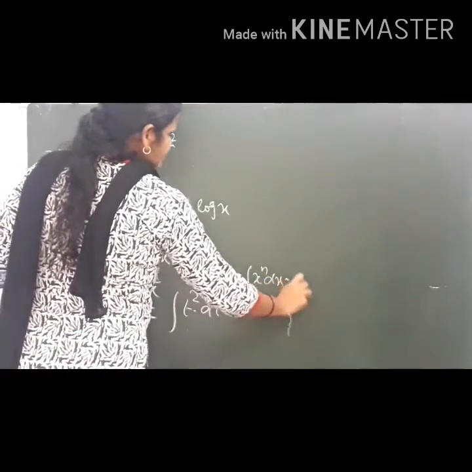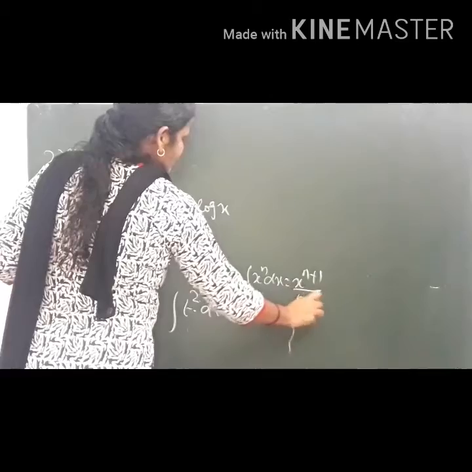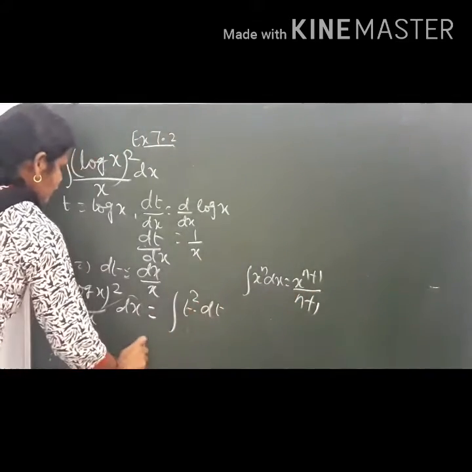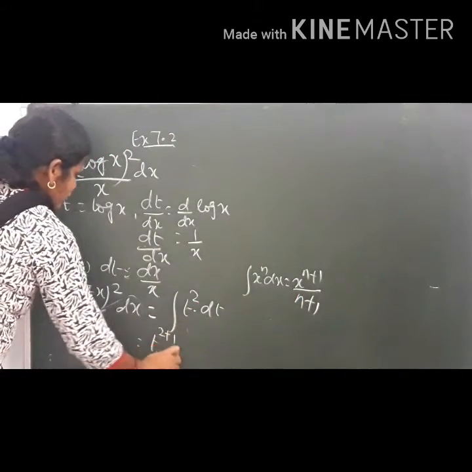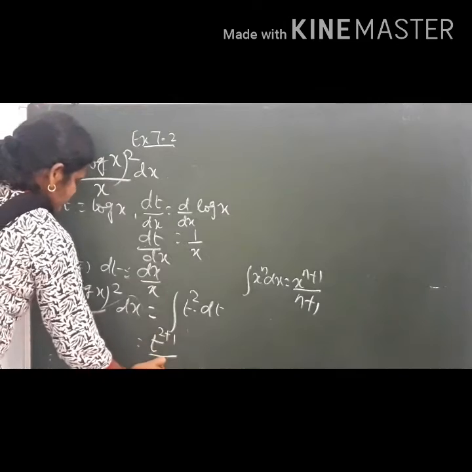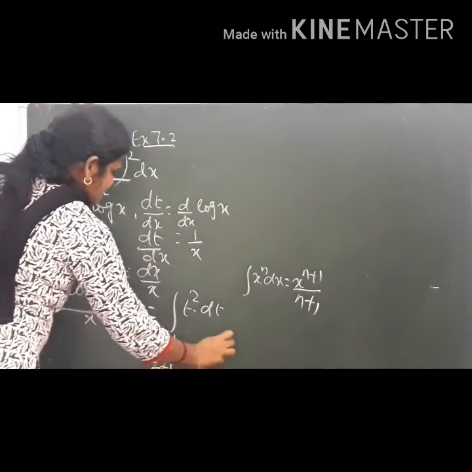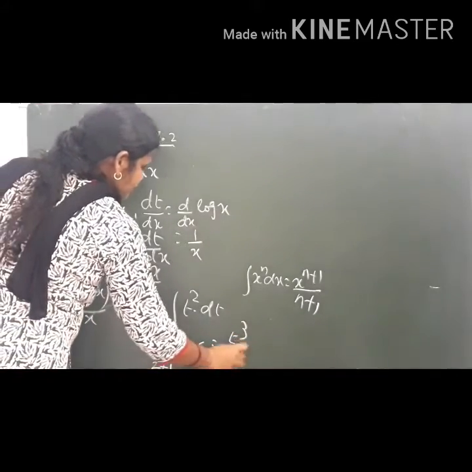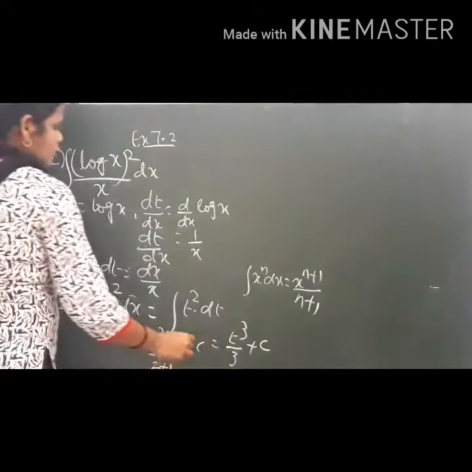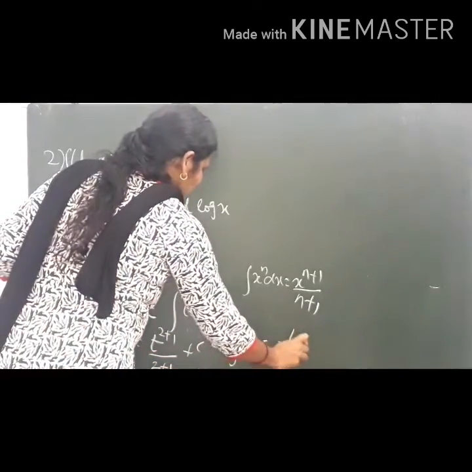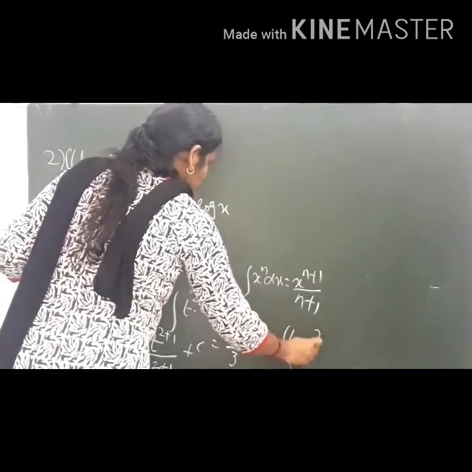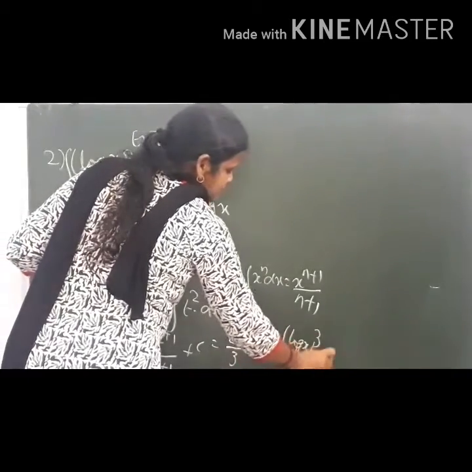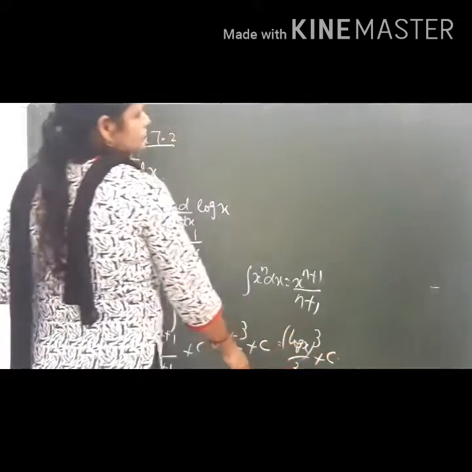That is x to the power n plus 1 upon n plus 1. By applying this formula here, we get t to the power 2 plus 1 upon 2 plus 1 plus c, that is t cube by 3 plus c. What is the t here? Write it down. The answer will be log x whole cube by 3 plus c. This is the answer.